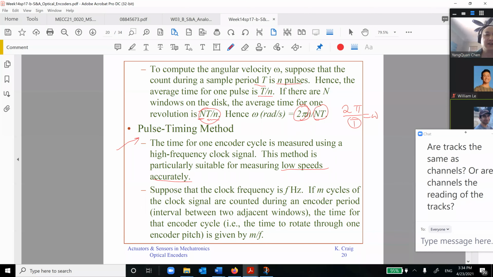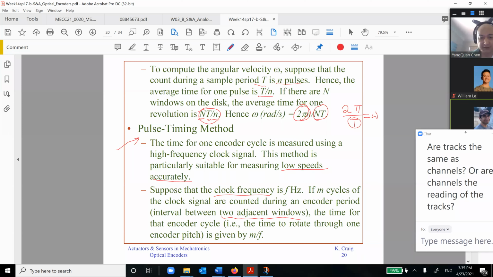You have a clock frequency, and m cycles of the clock counted during the encoder period. With two adjacent windows, you can count how many clock pulses there are. The time for that encoder cycle is limited by your clock frequency. If your clock frequency is high, I can count it very accurately.